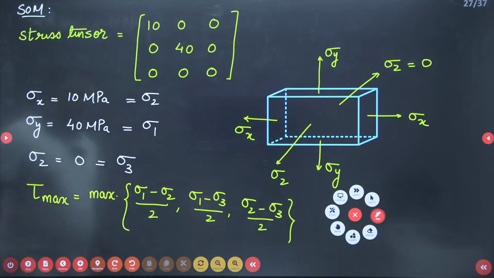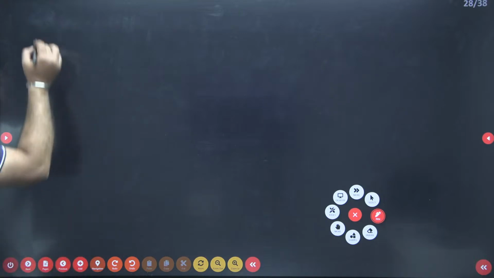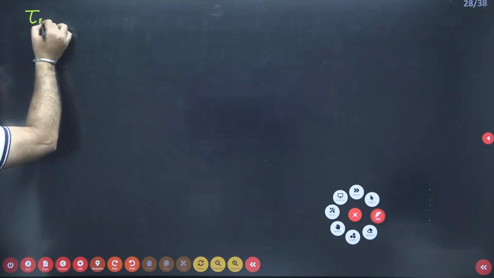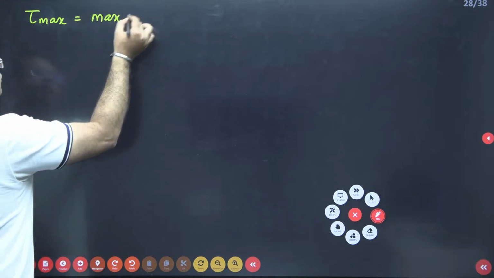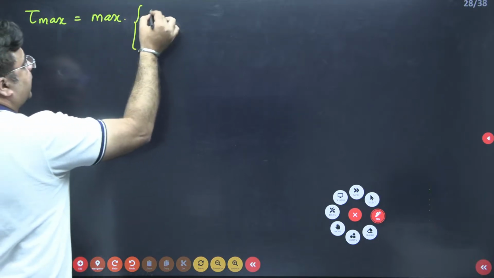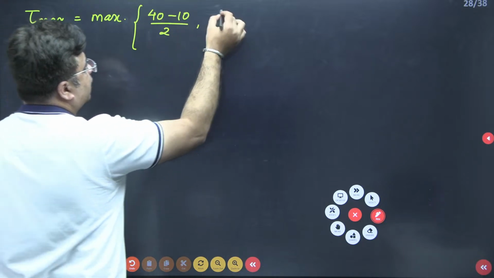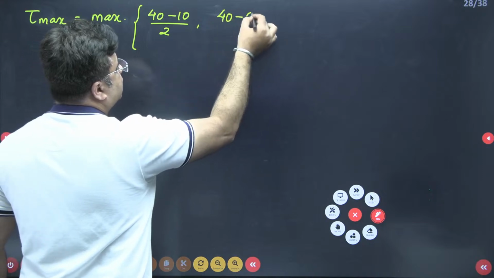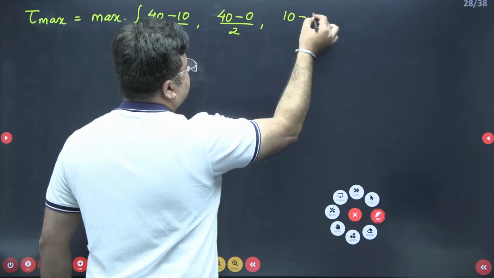Sigma 1 minus sigma 2 divided by 2 will be 40 minus 10 divided by 2. So tau max is maximum of 40 minus 10 divided by 2, comma 40 minus 0 divided by 2, then you have 10 minus 0 divided by 2.